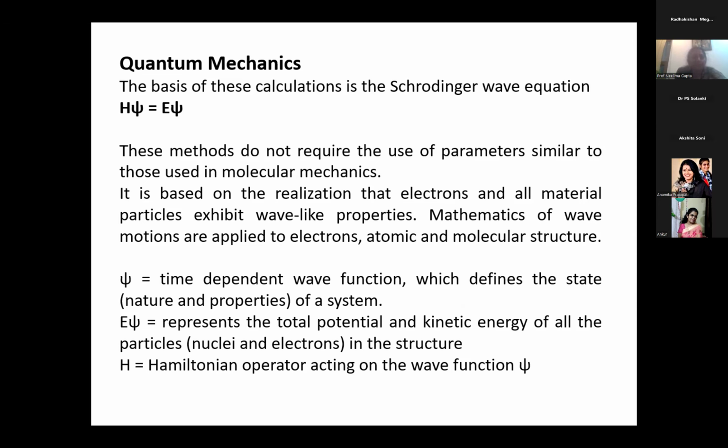The QM method is based on the realization that electrons and all material particles exhibit wave-like properties, and the mathematics of wave motion are applied here. So this equation, the Schrodinger equation, is used to build the software which performs the QM calculations.